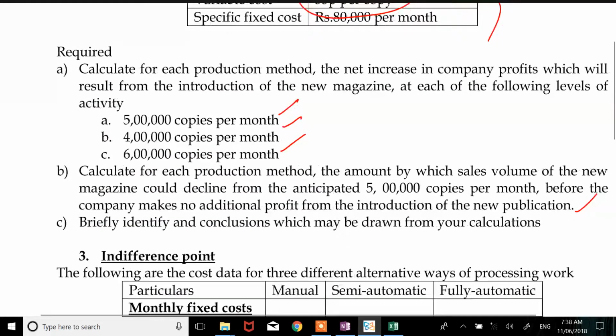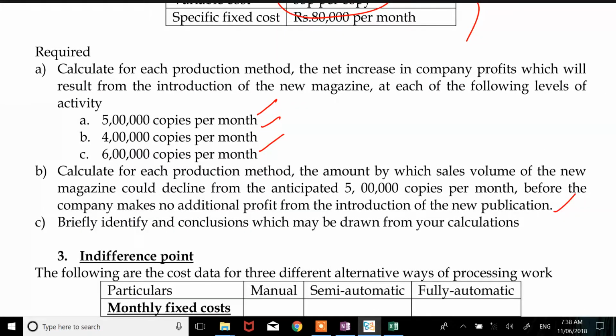What is the second part of the question asking us to calculate? What is this exactly?